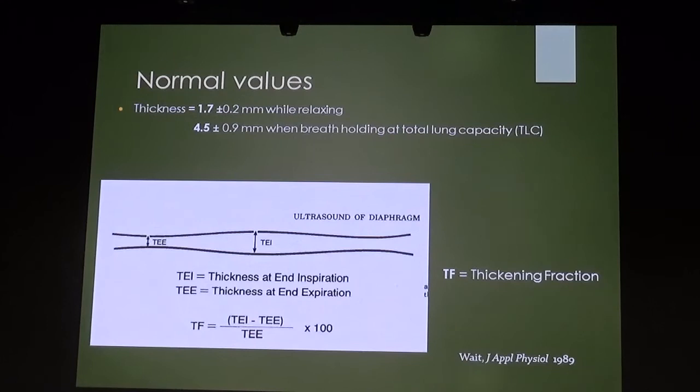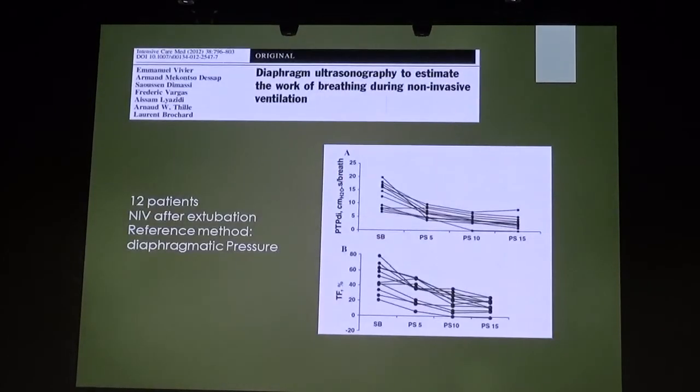Normal values have been reported, more or less they range between 1.5 and 2 millimeters, but they are quite variable between subjects. Thickening fraction seems to be really accurate to assess the workload of the diaphragm.